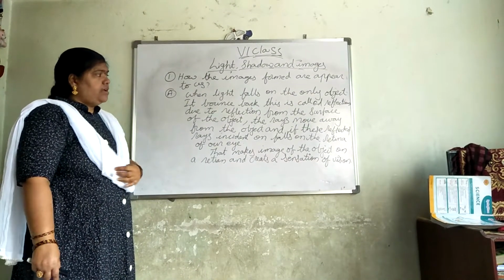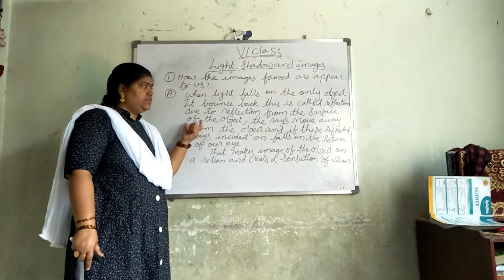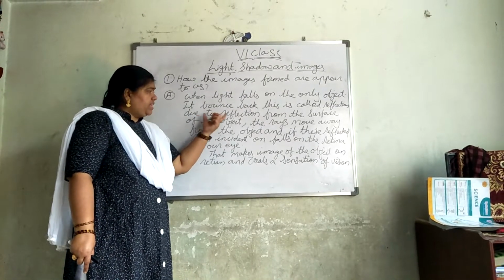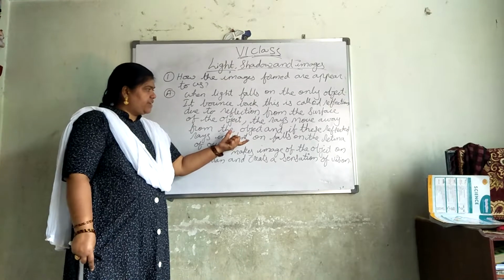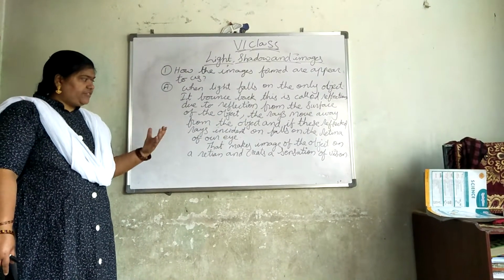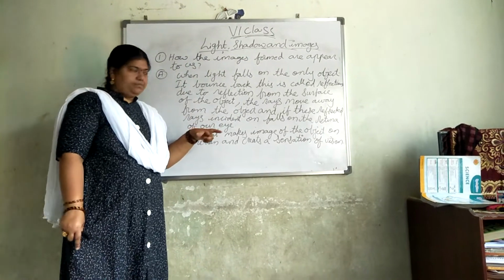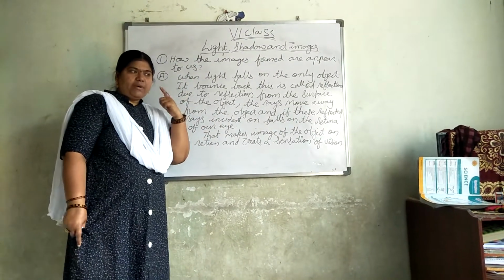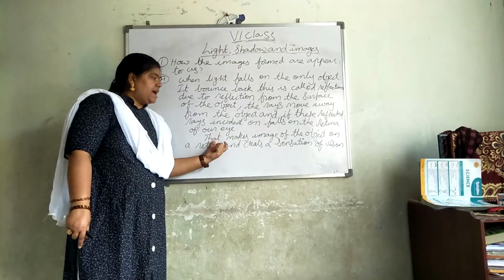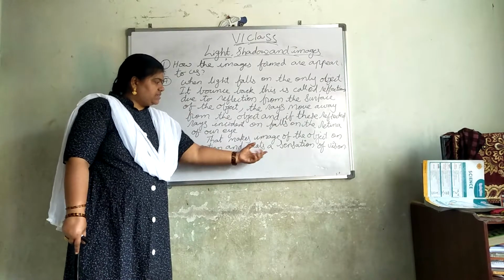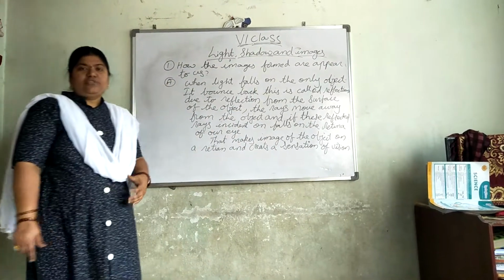Due to reflection from the surface of the object, the rays move away from the object, and if these reflected rays fall on the retina of our eye, that makes the image of the object on the retina and creates a sensation of vision.